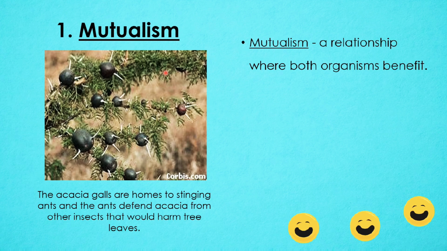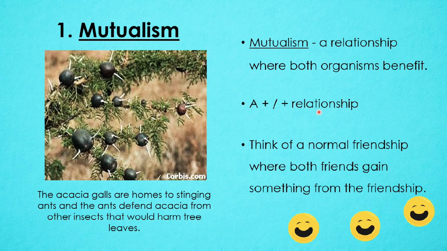So the acacia provides homes for the ants, and the ants protect the acacia from other insects. That's why they have a mutual, positive relationship. It's like a normal friendship where both of you get something from the friendship.